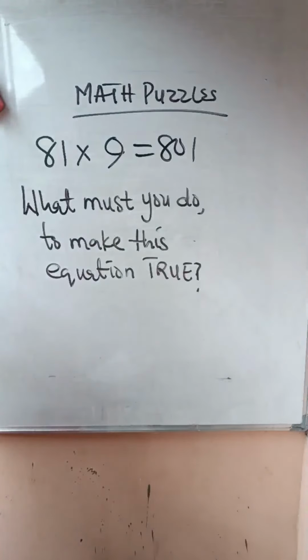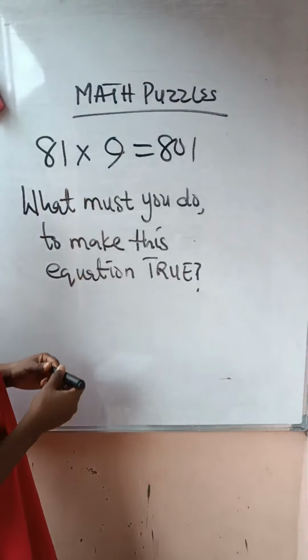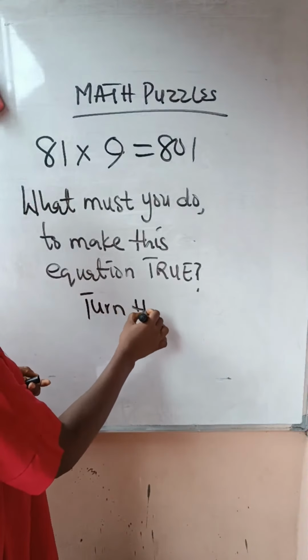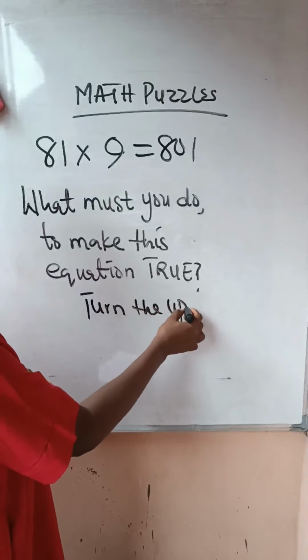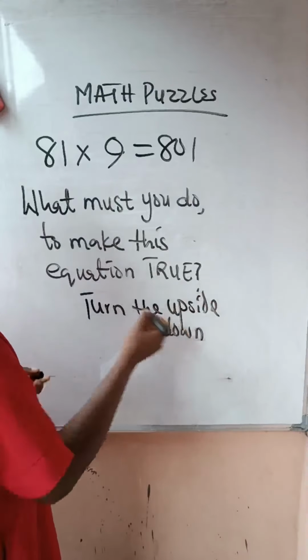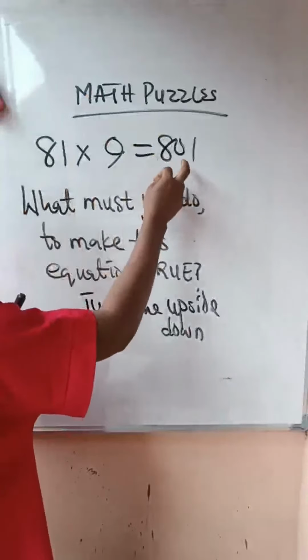Now, let's do this together. Yes. You need to turn the equation upside down. If you do that, you are now going to have 108 here instead of 801.